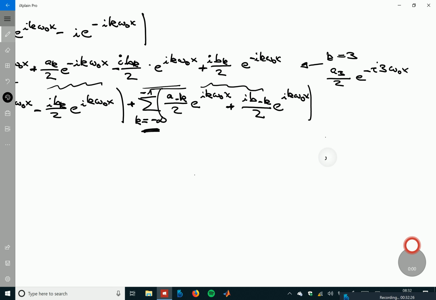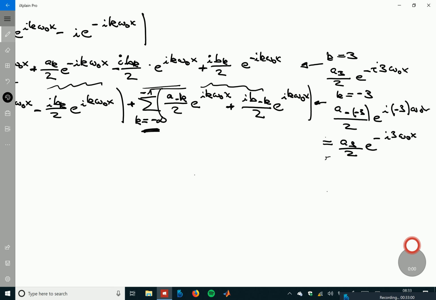So in this scenario with k being minus 3, you have a_minus 3 divided by 2, which is obviously a_3 divided by 2, and you put in for k the minus 3, so you have e^(i times minus 3 omega_0 x), which is of course a_3 divided by 2 e^(minus i 3 omega_0 x). So this is just the trick, shown here for one index.